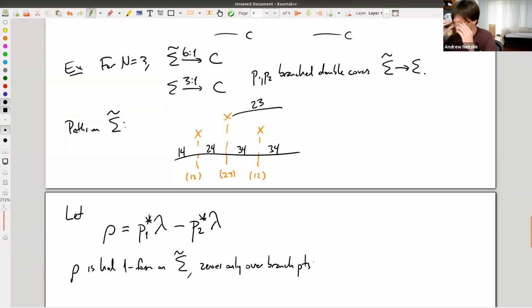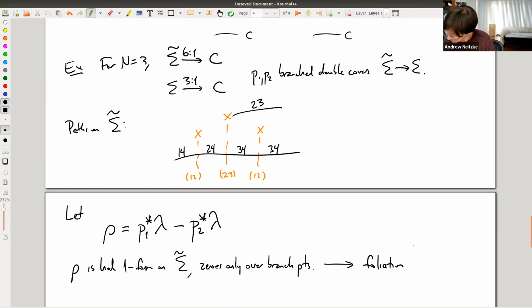Away from the branch points, from the explicit form of the Liouville one form, which is kind of y dx, you see that when the sheets are distinct, the difference of values on different sheets will be non-zero. So this is a holomorphic one form on sigma twiddle, which has zeros only over the branch points. And so we get a foliation now. We said whenever you have a holomorphic one form, you get a foliation.